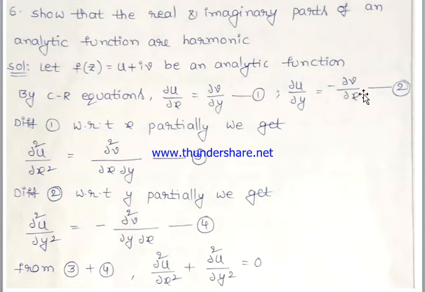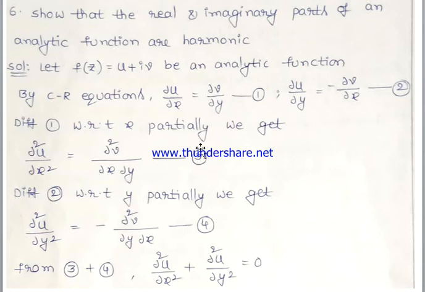The first CR equation is dou u by dou x equal to dou v by dou y. Differentiating partially with respect to x, we get dou square u by dou x square equal to dou square v by dou x dou y, because we differentiate dou v by dou y with respect to x.